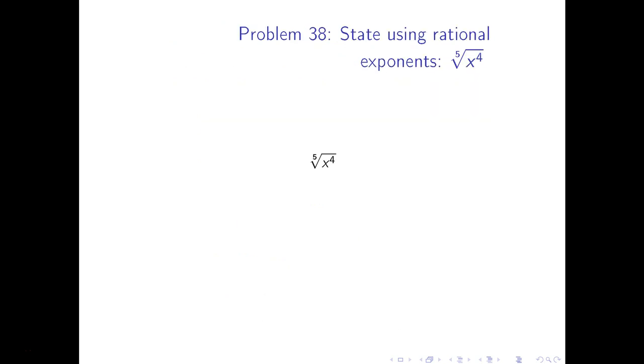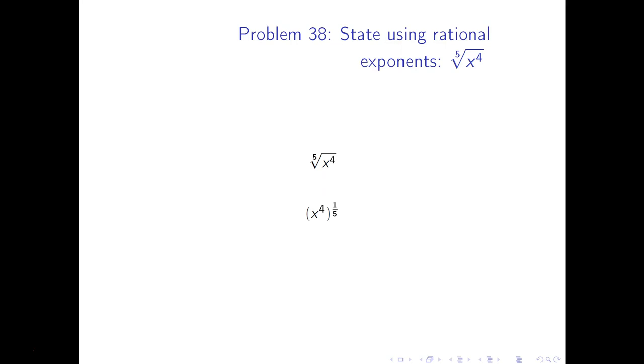All right, so number 38, the next question that was asked about, is this one. I want to restate using rational exponents. So the first thing you can ask is, how do I write a root as an exponent? Well, as a reminder, a fifth root is to a 1/5 power.